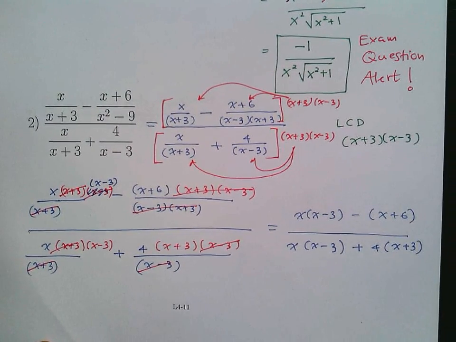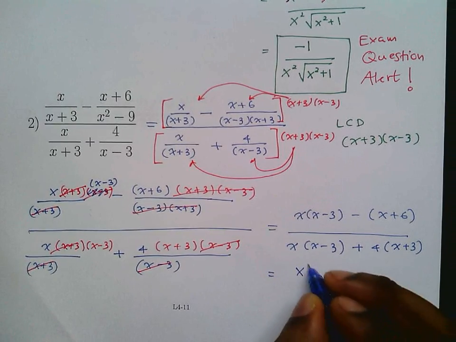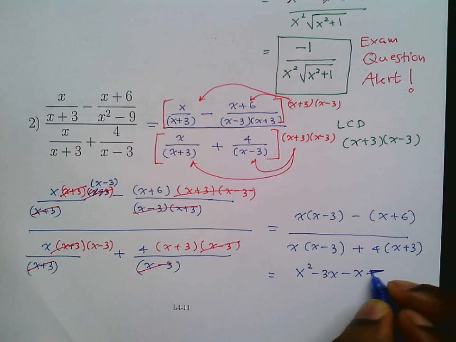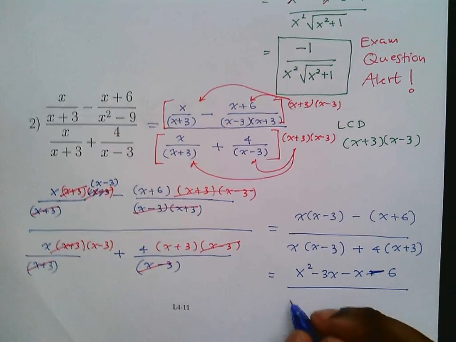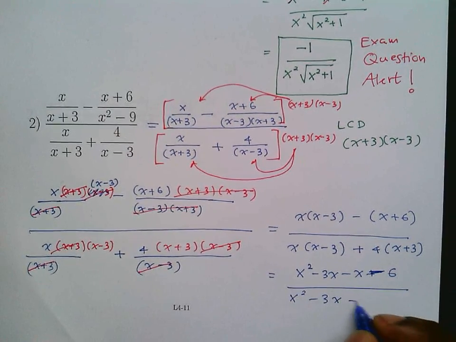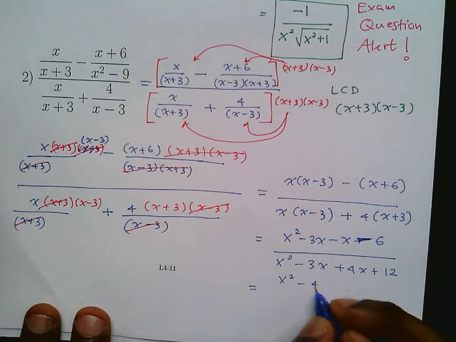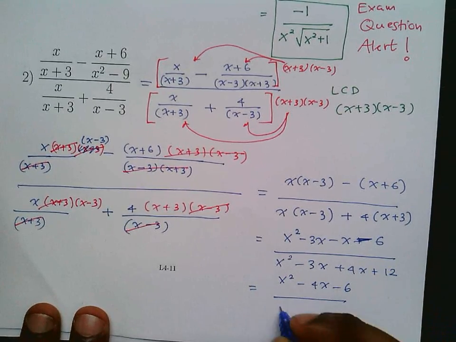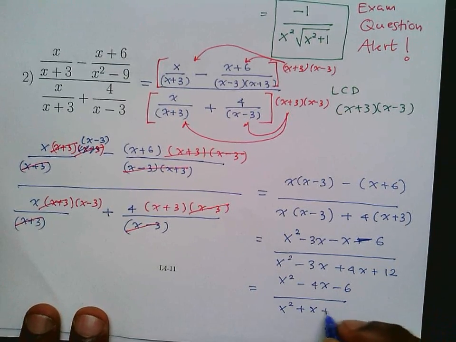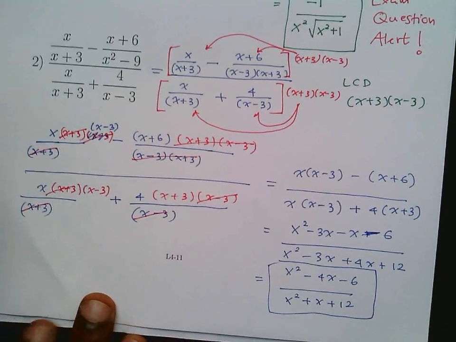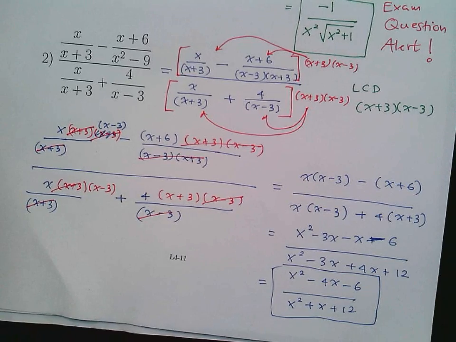It's a nice good fraction. So just simplify it. x squared minus 3x minus x plus 6 minus 6, and x squared minus 3x plus 4x plus 12. So finish it: x squared minus 4x minus 6 over x squared plus x plus 12, and that is your final answer. As you can see, there are no more factors.